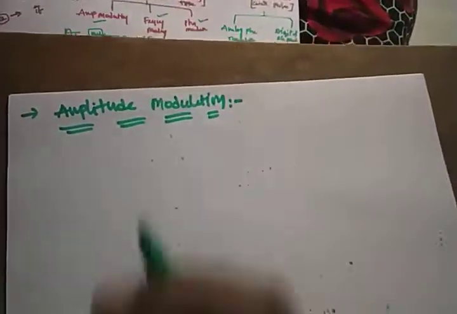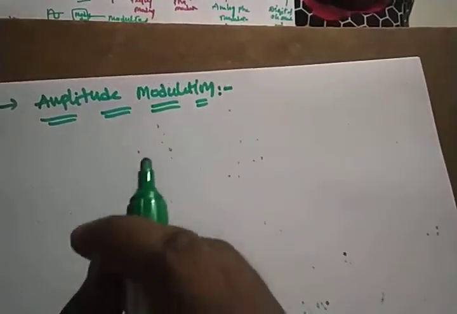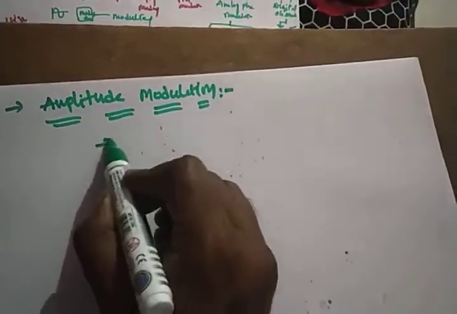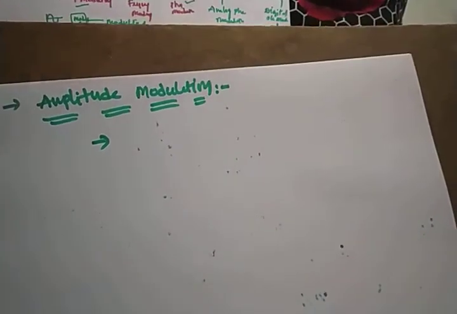What is amplitude modulation? Basically my carrier wave will change instantly in order to transfer for a large distance. My message, the input signal, won't change. We'll say the definition: the amplitude of a carrier wave will change according to the instantaneous value of my message signal.